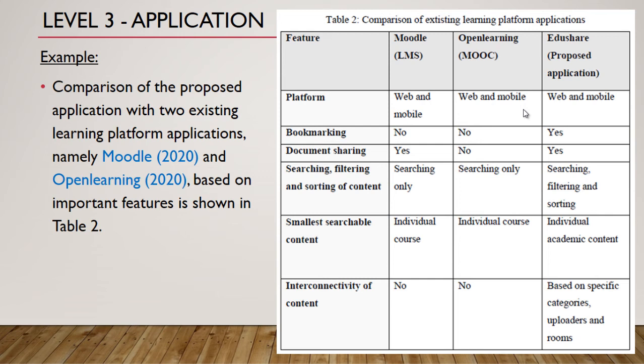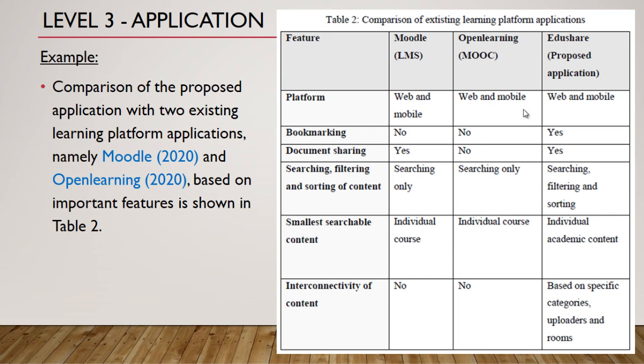Now this is a table on comparison of existing learning platform applications. So you can see that what this particular student did was try to identify the common themes across several learning platform applications.